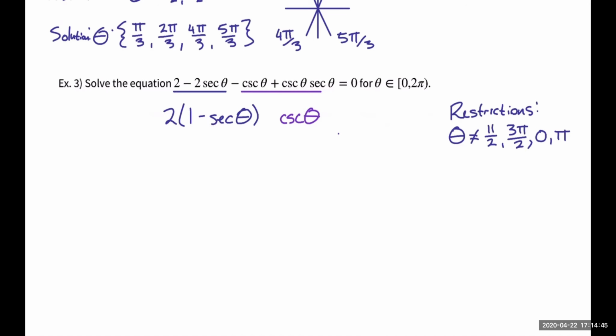What this means is that we need to be factoring out a negative cosecant theta to account for signs. And factoring a negative cosecant theta out of negative cosecant theta is going to leave behind a positive 1. And that's exactly what we want, because we want the entire thing to be matching up. That's how our factor by grouping works. We'll factor out a negative cosecant theta, and that will leave behind a negative secant theta.